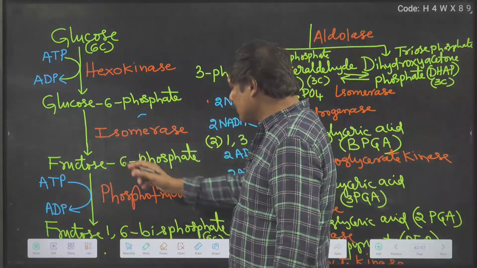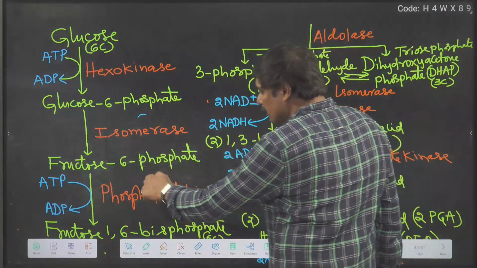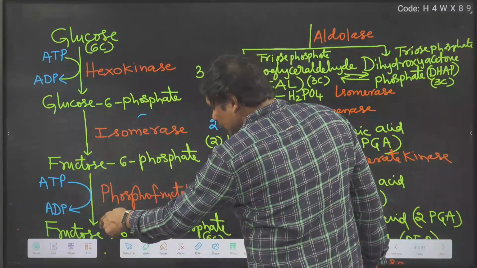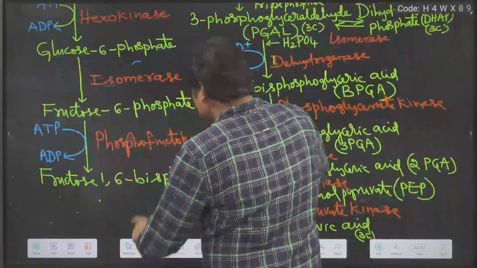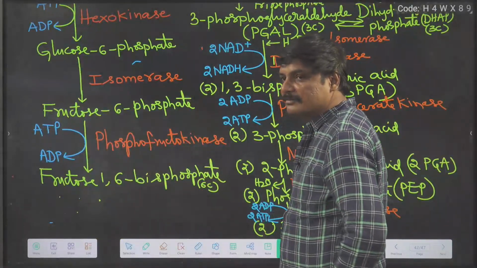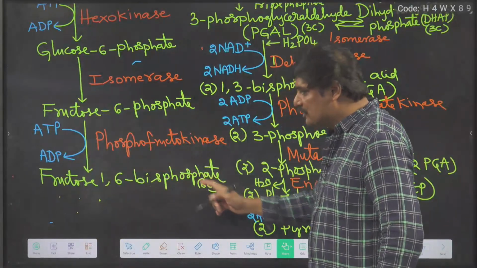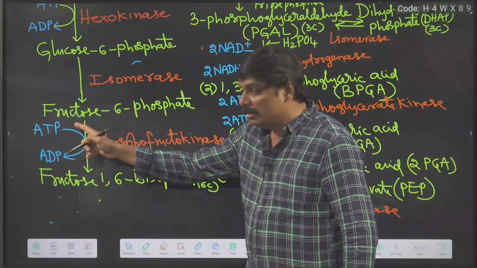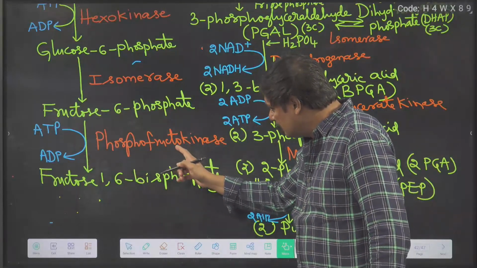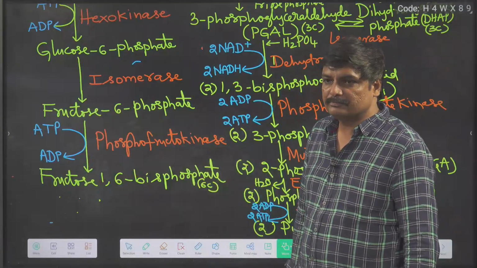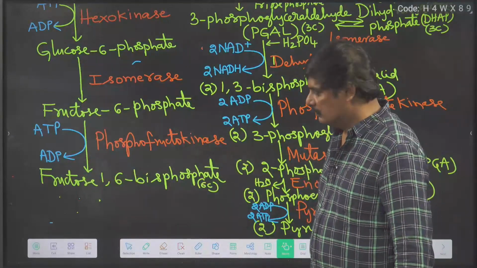Next, fructose 6-phosphate is phosphorylated again into fructose 1,6-bisphosphate. Here also 1 ATP is used. The enzyme involved is phosphofructokinase. Okay.